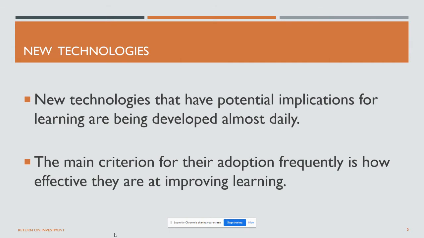One of the challenges faced is because of the newness of the technologies. Seldom do we have any compelling evidence of their effectiveness apart from the anecdotal accounts of early adopters.